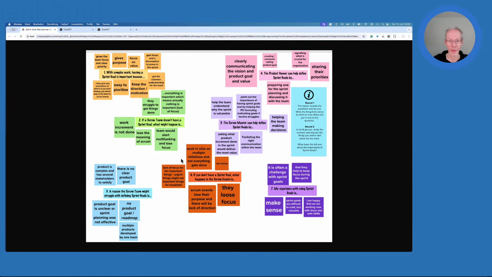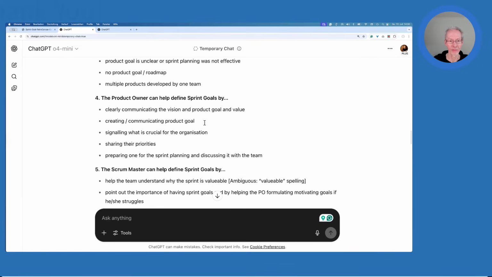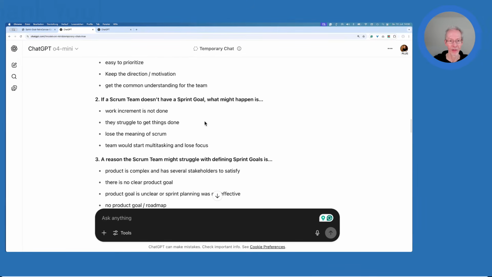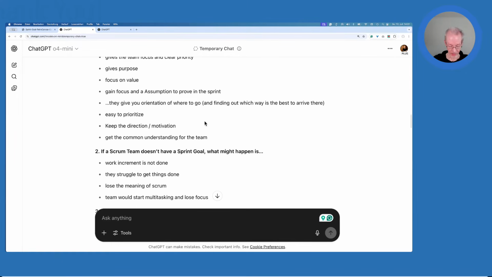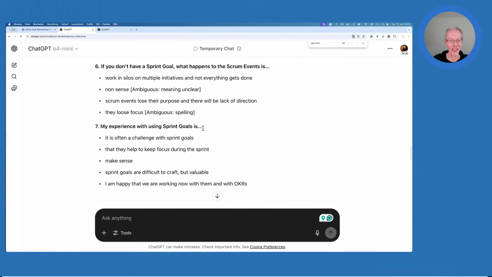So for example, what we are missing in number 6 is lack of focus. And also, where is lack of focus? Typically it's somewhere else, probably. Okay. Lack of focus. Oh, it didn't catch that one in the first place.